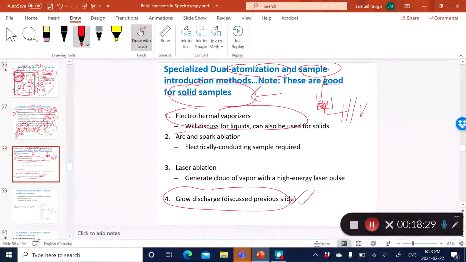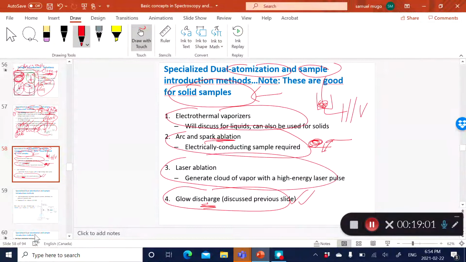Arc and spark ablation is very similar to the glow discharge. The only difference is that you take the two electrodes, the cathode and the anode, and momentarily bring them into contact, with the sample on the cathode, for example, and you get the sparking. So it's similar to what I explained before, only that it's operating based on the short circuiting system.